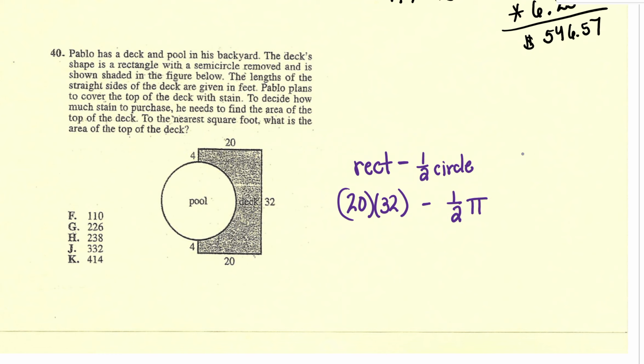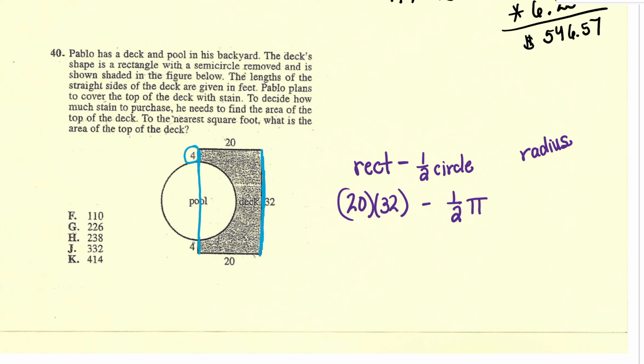Pi, well, we need the radius of the circle. So if I need the radius of the circle here, let's think about it. This whole side is 32, and so this whole side would also have to be 32.